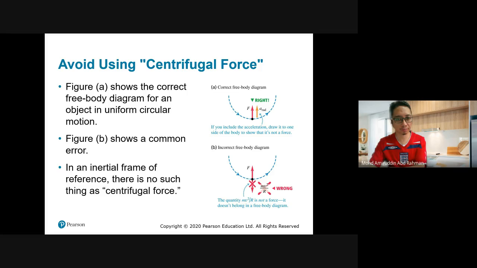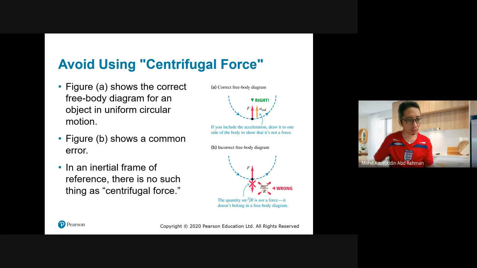So it is wrong for you to label the quantity mv squared over r going down, because whenever you draw that for vertical object movement, you have the reverse force, on the left side and also the right side.